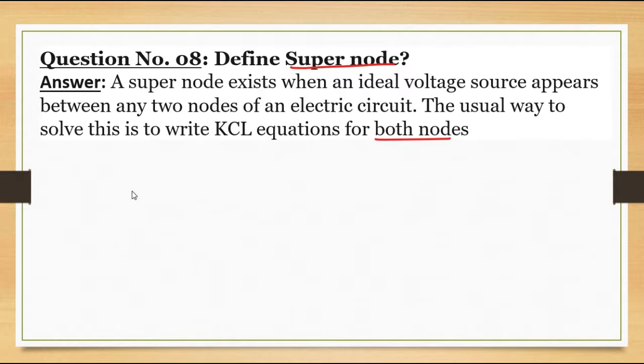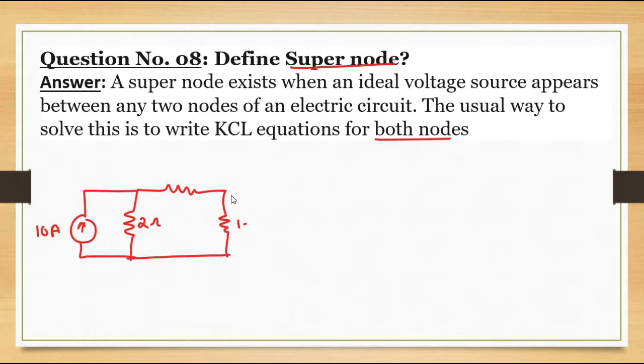So let us consider an example. Consider this as node 1 and this is node 2. So the voltage at node 1 will be V1 and the voltage at node 2 will be V2.